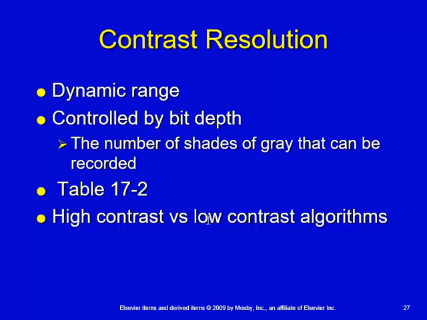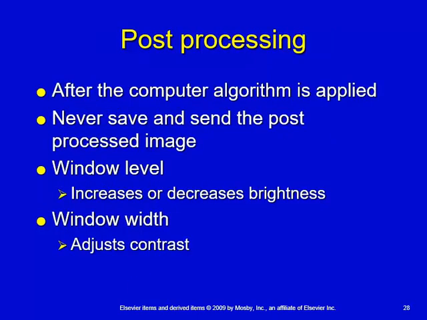So comparing the response of the CCD in this case at a 45-degree angle, what we've got is inherently a lower contrast with CR and DR than what we had with film, which was a very high contrast.